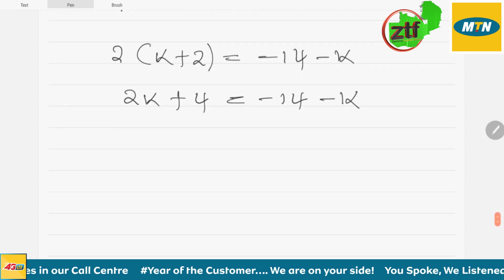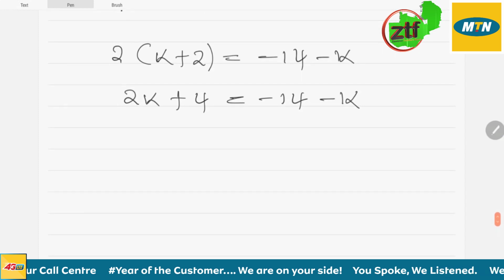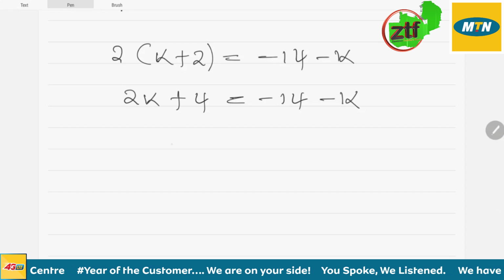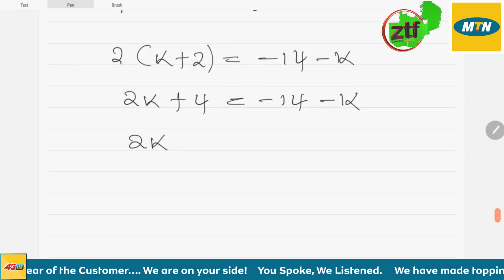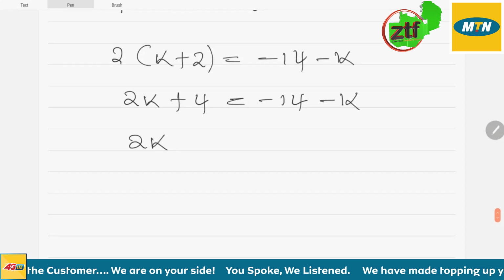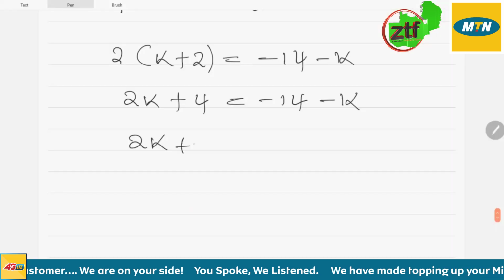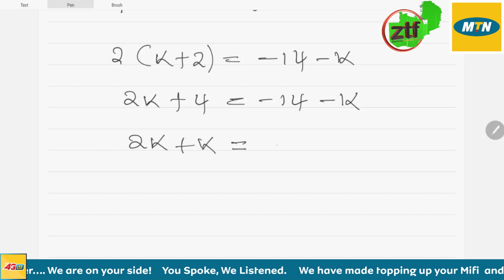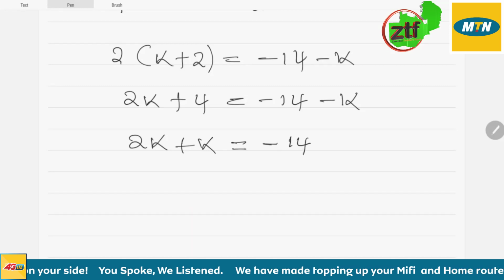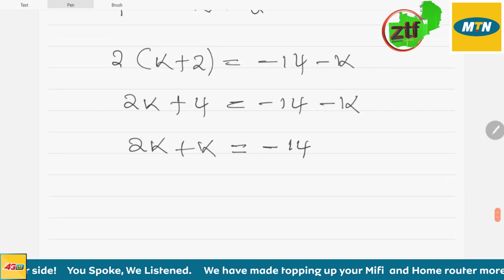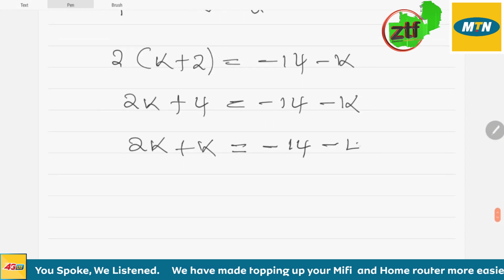Then I will collect the like terms in this case. So I will transpose negative k. I will have 2k, then when I transpose negative k on the right hand side of the equation, I will have plus k, then equals negative 14. When I transpose positive 4, I will have minus 4.